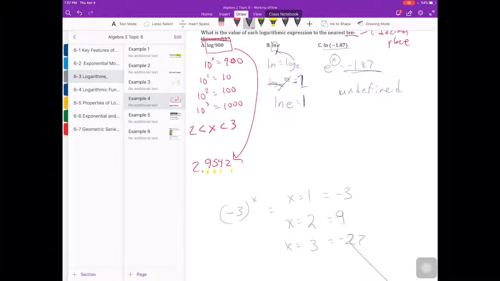So these skip back and forth between negative, positive, negative, positive. So it's never consistent. That's why your base can never be negative. It has to be not only positive, but it can't be 0 either. So it has to be positive.